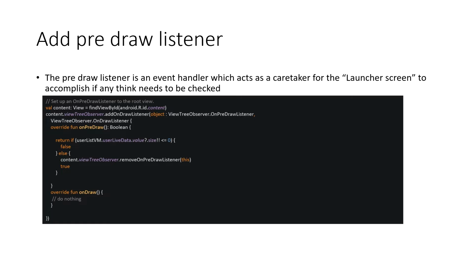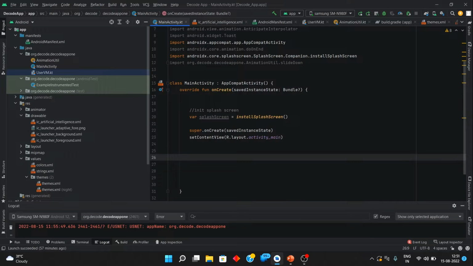We are not going to do anything in the on-draw method. We are going to check a condition on the pre-draw, and based on the condition, we are going to decide what we have to do. Let us have a hands-on of how we are going to implement this with the example that we are going to discuss. Let us start implementing.